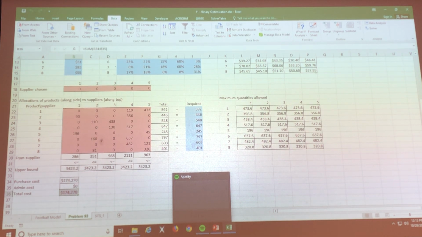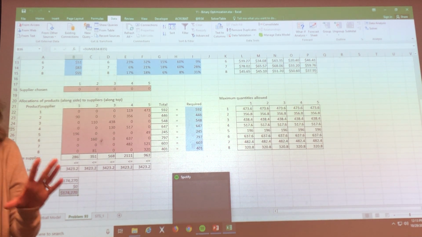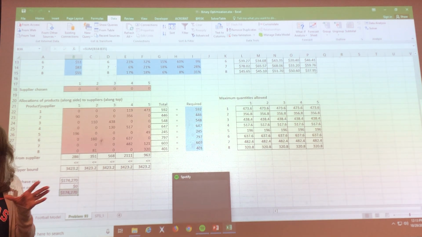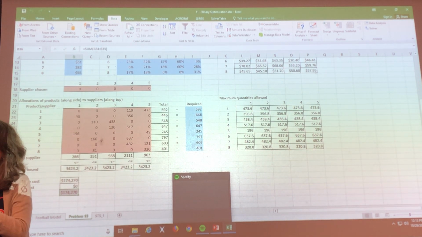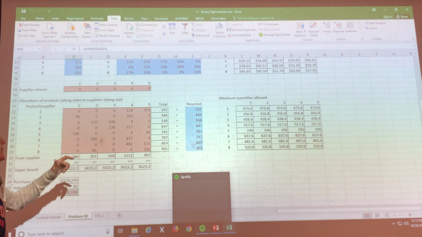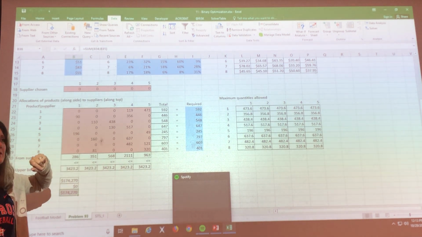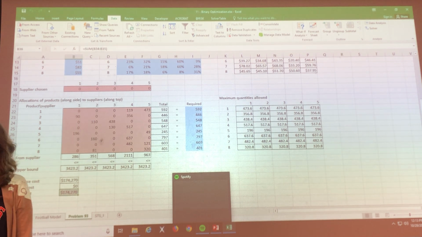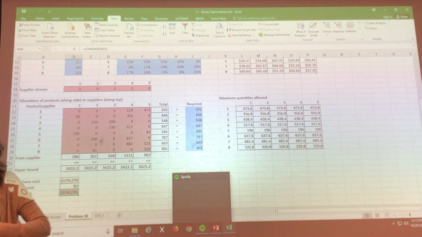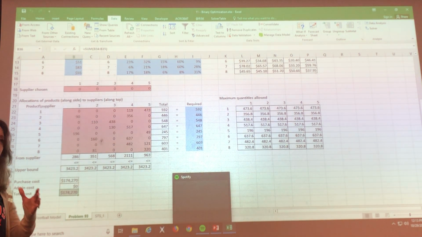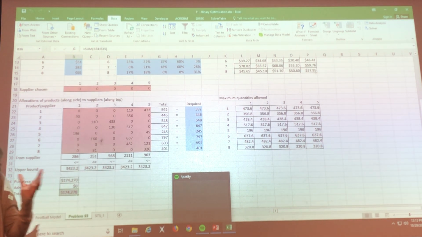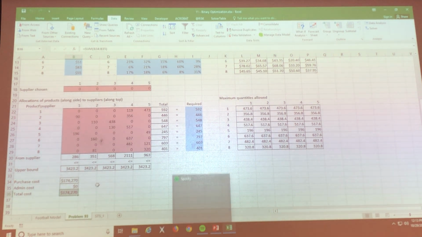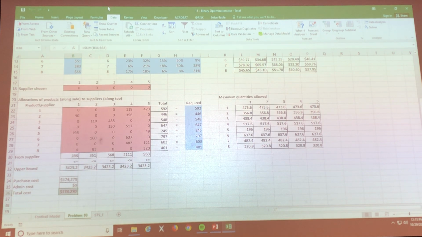So this shouldn't be able to happen. Obviously it did happen because there's something wrong in our logic and our thinking in the way that this is set up. We let it use every single supplier, but yet didn't choose any one of those suppliers. So that's not right. It should not be able to use it if we don't choose it.